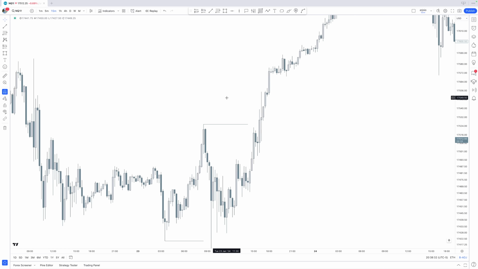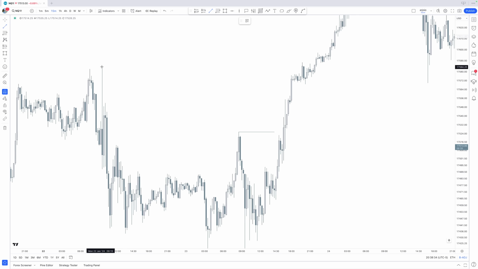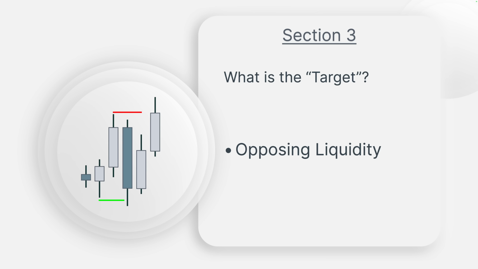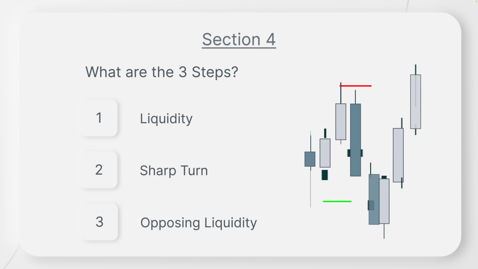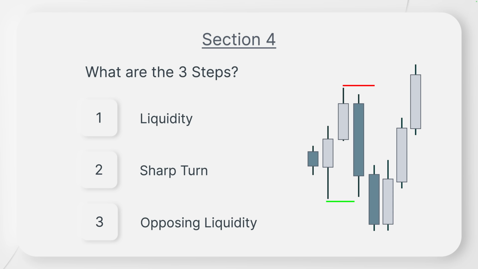So what do we do? We target the next highs and eventually this high right there. And again, how we can see that is all things we are going to go over in next episodes as well. So we understand what the target now is. Now, perfect. We understand the 3 steps to be able to actually make money from this.